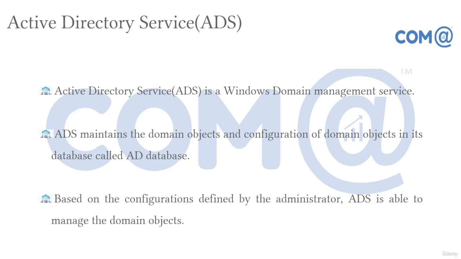The rest of the configuration, such as group policy, is also verified in the database, and the same policies and configurations are applied to the user who logged into the particular computer. So basically this is about the Active Directory service.